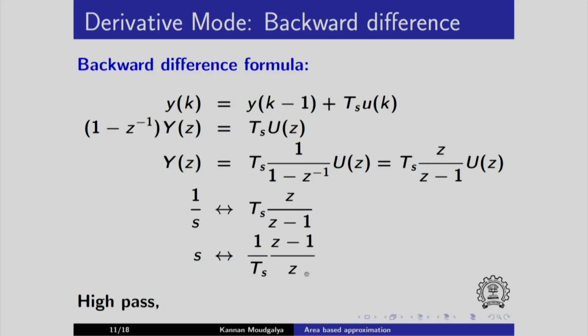And notice that z plus 1 that we had in the denominator earlier has been replaced with z now. It is high pass because it still has a 0 at z equals 1, but it no longer has a pole at z equals -1. It has the same gain as before and there are no oscillations as I mentioned earlier.